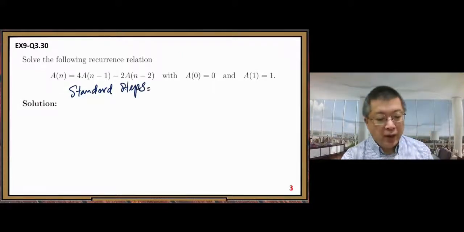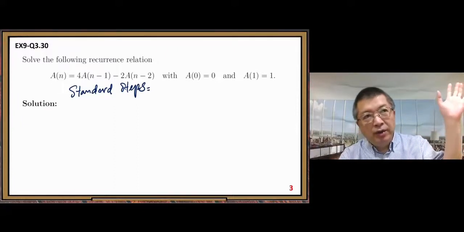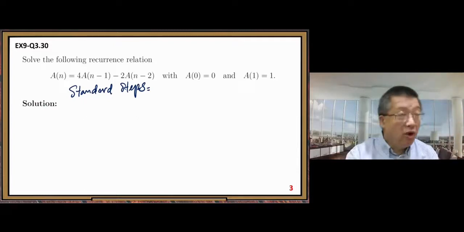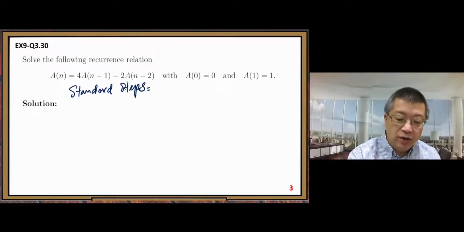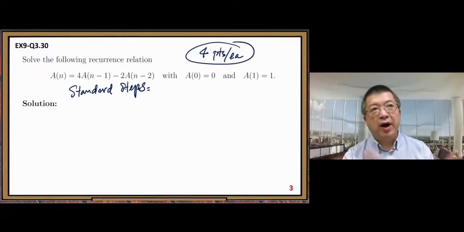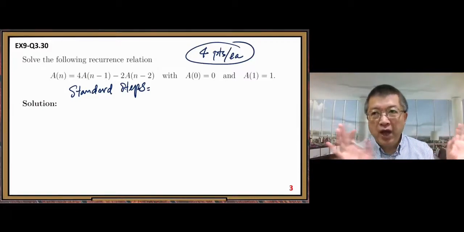Because each question in our homework or midterm tests, final test, is 4 points each, right? Here, assume this is one of the questions in homework or tests.